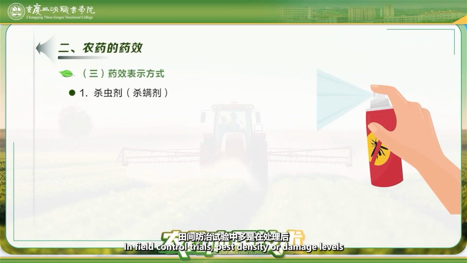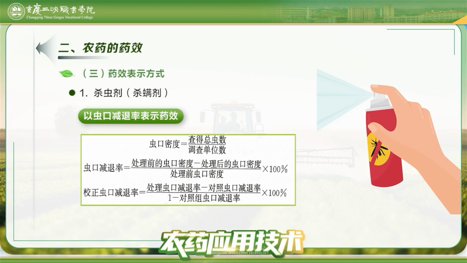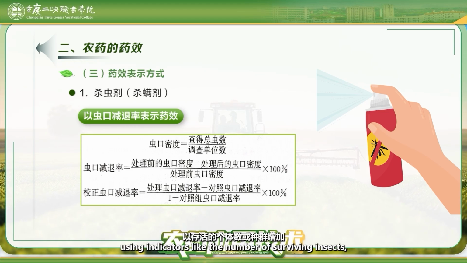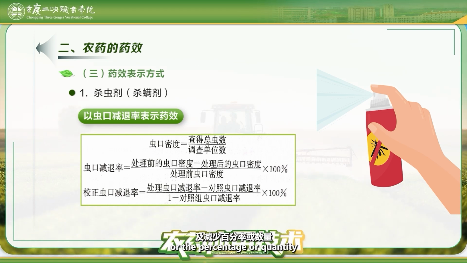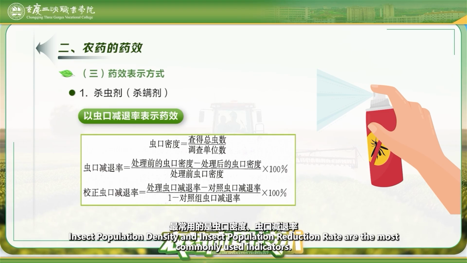trials. Pest density or damage levels are typically measured after treatment, using indicators like the number of surviving insects or the percentage or quantity of population increase or decrease. Insect population density and insect population reduction rate are the most commonly used indicators.